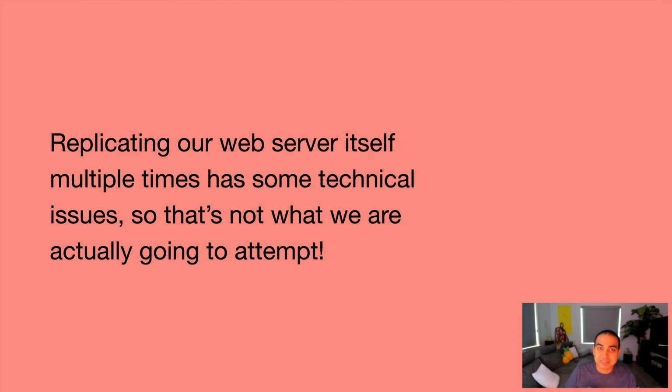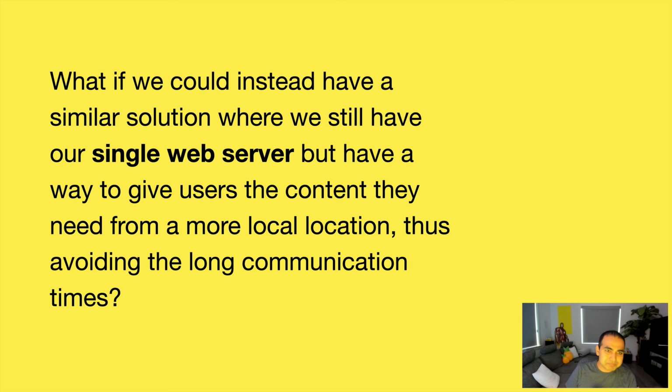We don't want to have a web server replicated in multiple places. What if instead we could have a very similar solution where we still have a single web server, a single place where we make all of our updates, all of our pull requests, and all of our configuration changes, but we still have a way to give users the content they need from a more local location, thus avoiding these long communication times? Best of both worlds.